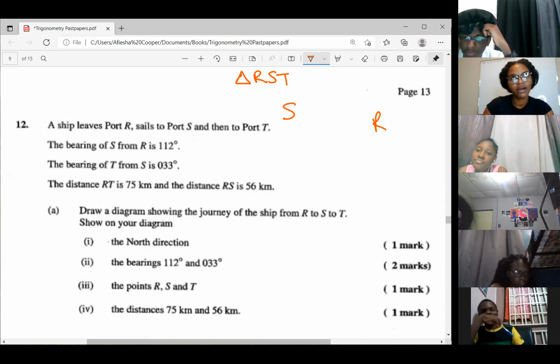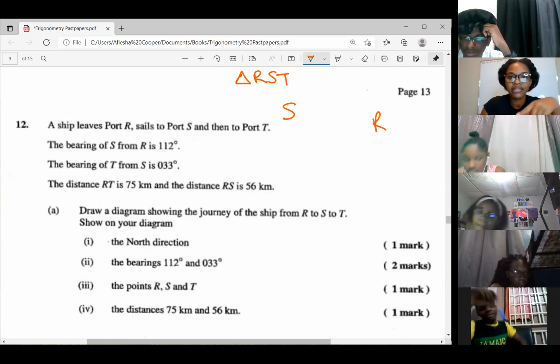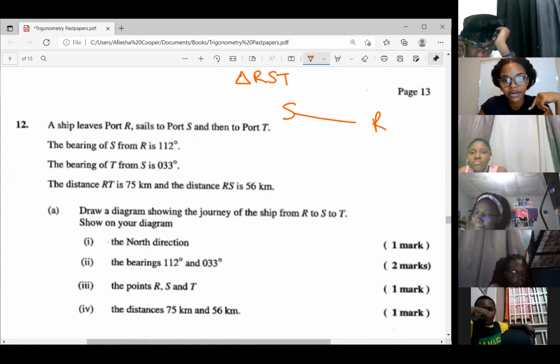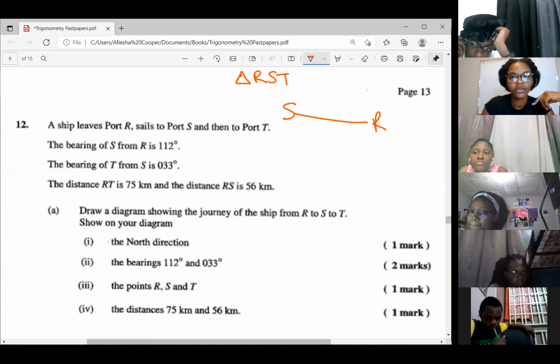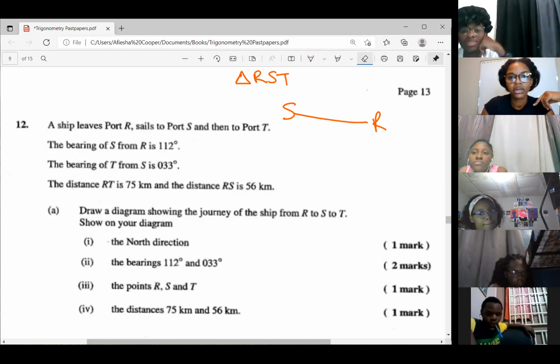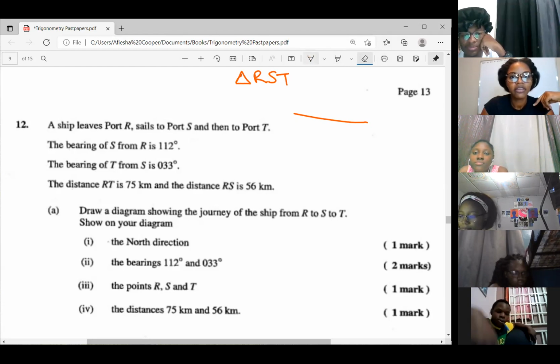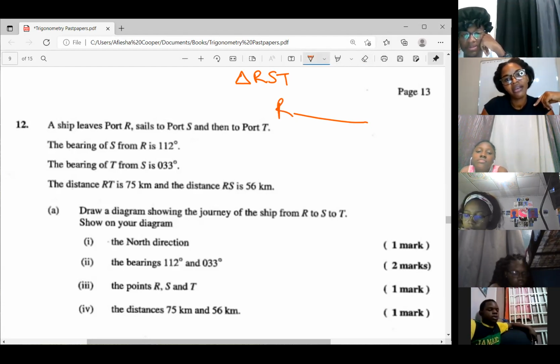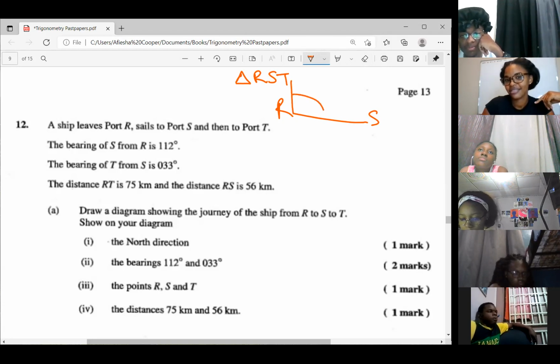So if we do S from R, it's not that way. So if we do R here and S, yeah, right? A little 112 could look like it here.